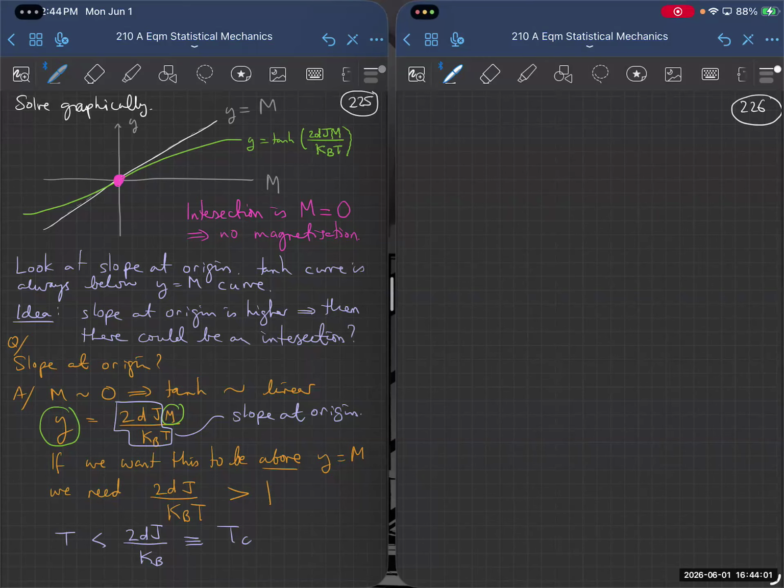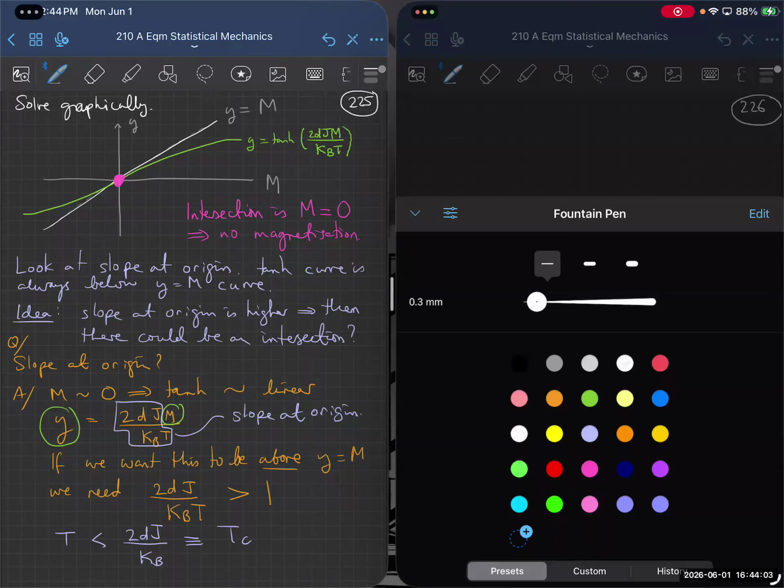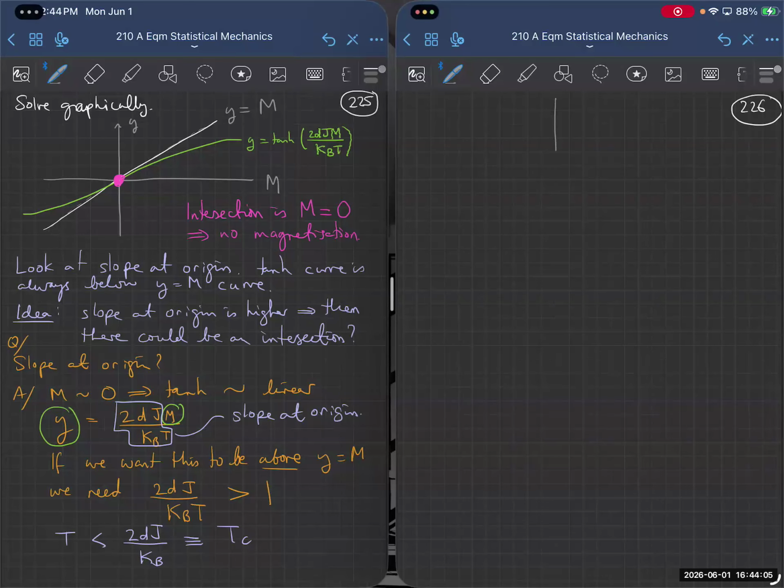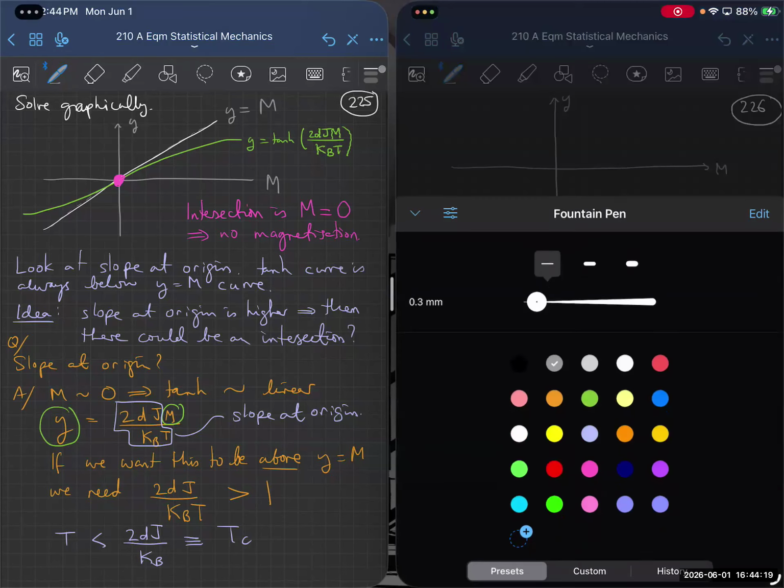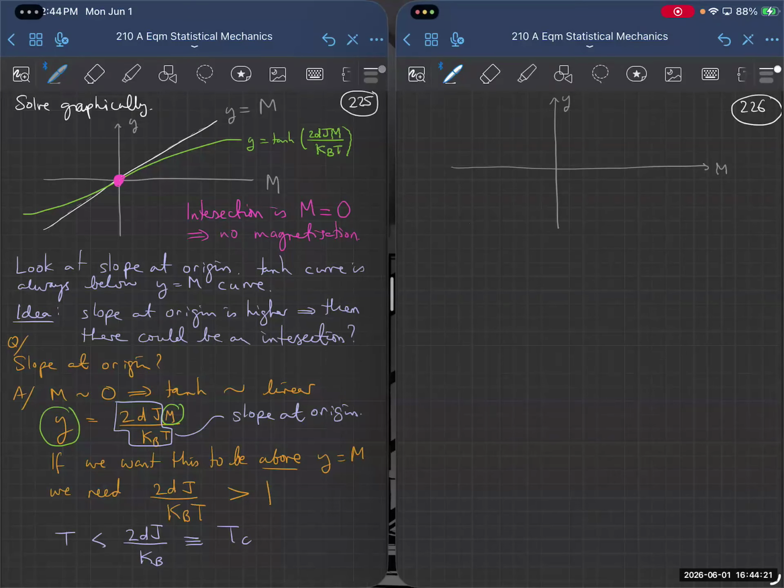So what is it going to look like if we're in that situation? Let's now draw the same graph that we had before. Here's the y-axis, here is m, and I'm going to draw the line y equals m.